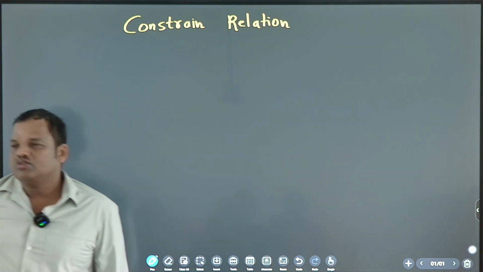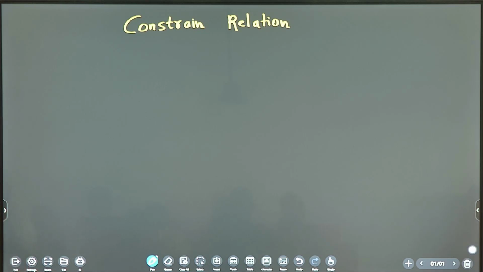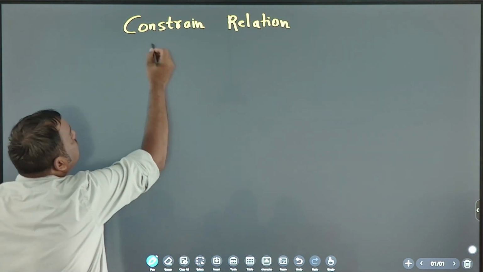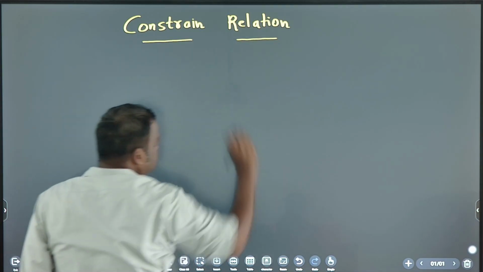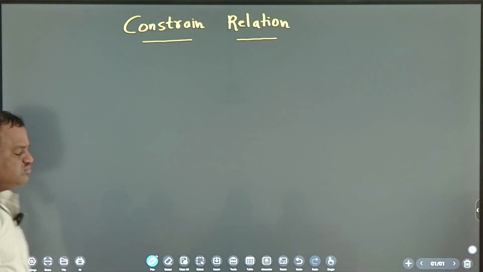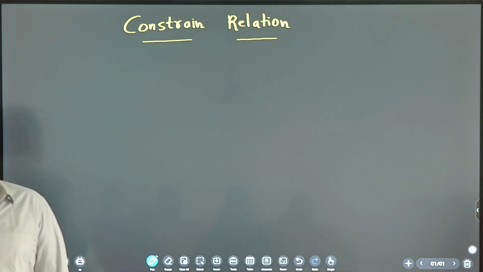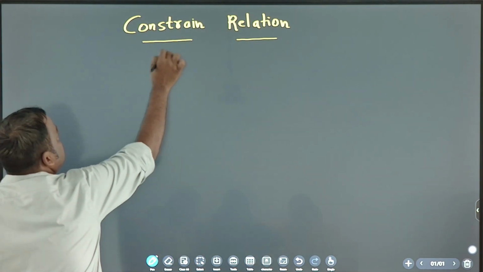Constraint relation. Okay. Constraint relation for connected bodies.